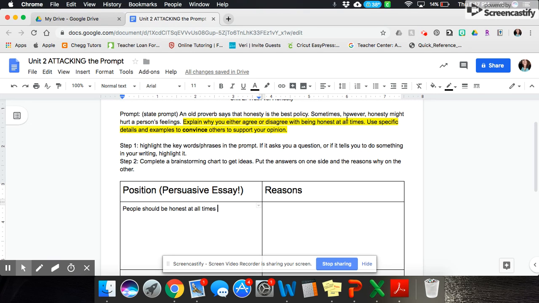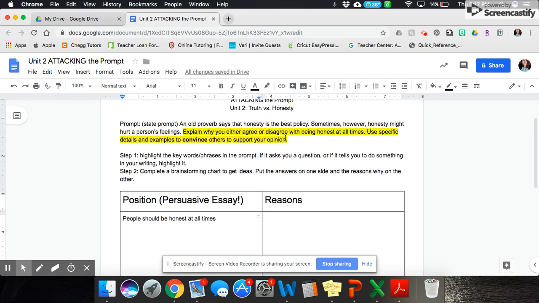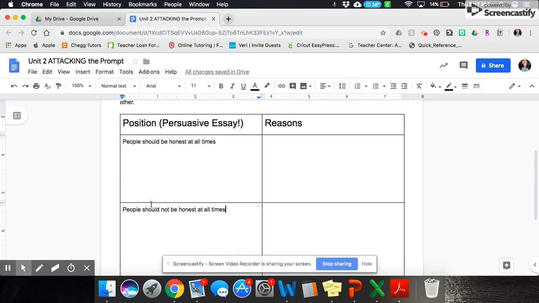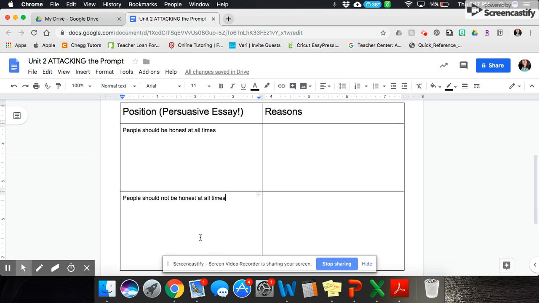We're taking that language from the prompt and agreeing with it. Now, let's disagree. All we have to do is flip that backwards. People should not be honest at all times.